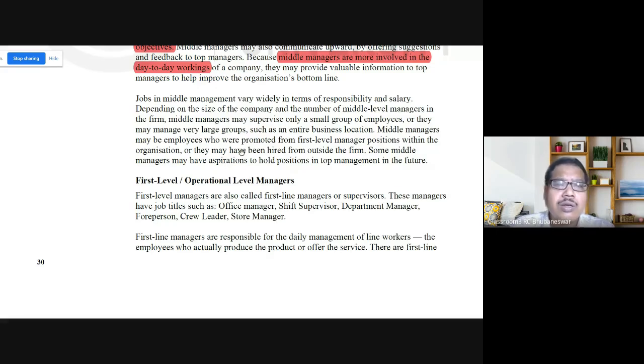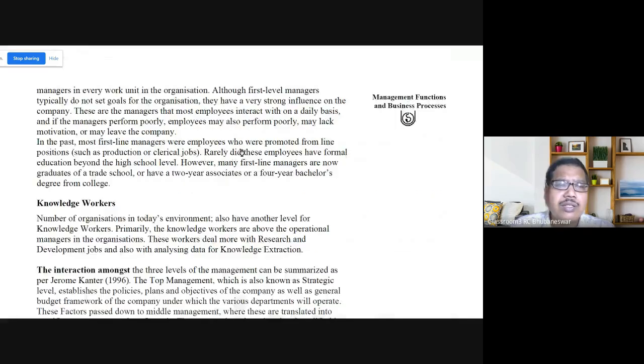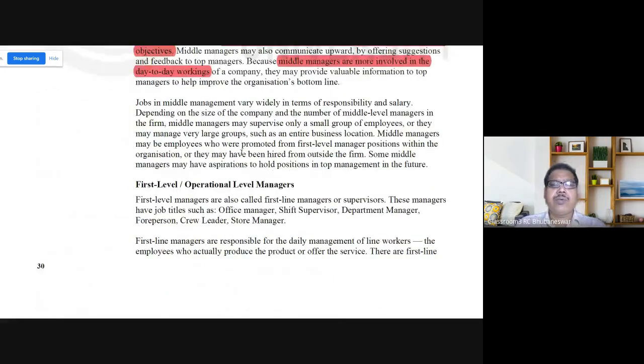Yes, we can come to the last one, called the operational level. Here the first level managers are also called first line supervisors, and they have job titles such as office manager, shift supervisor, departmental supervisor, crew leader, store manager, and so on.